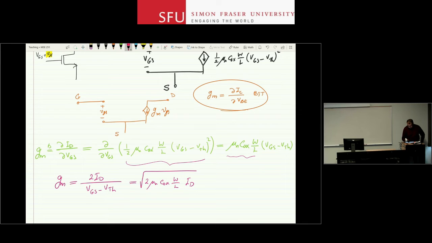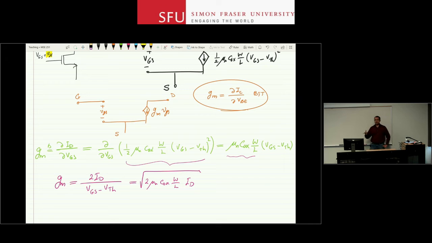Take the square root of that, and this also gives you this expression here. So I basically multiplied the expression that you see over here with 2 mu n C oxide W over L, took the square root, and you get the equation at that end.